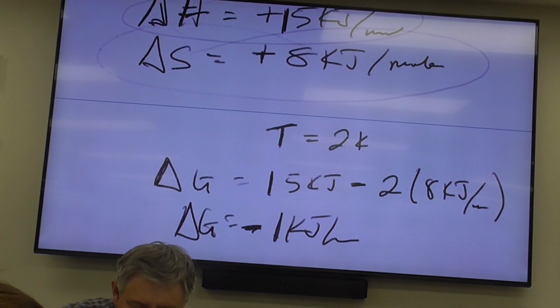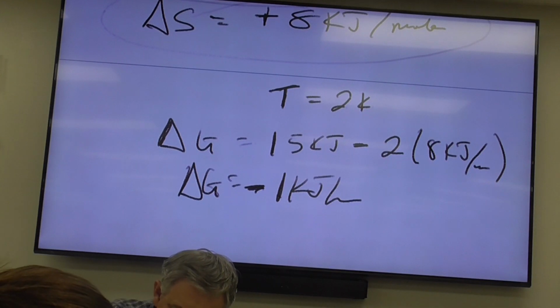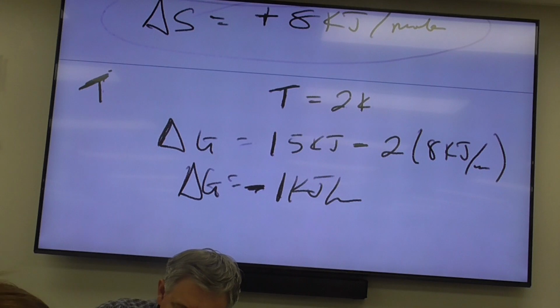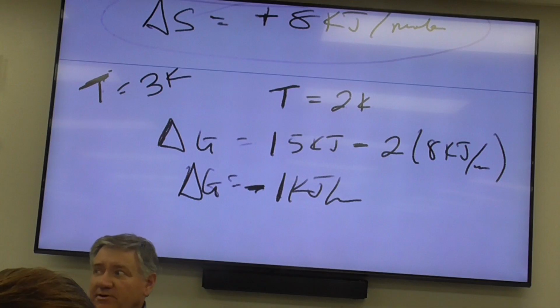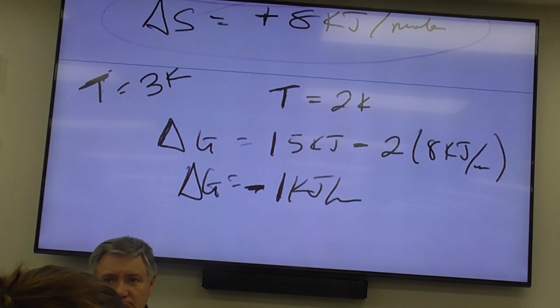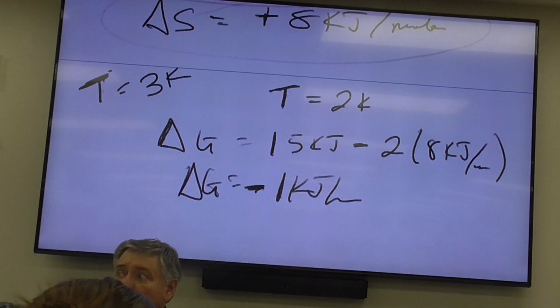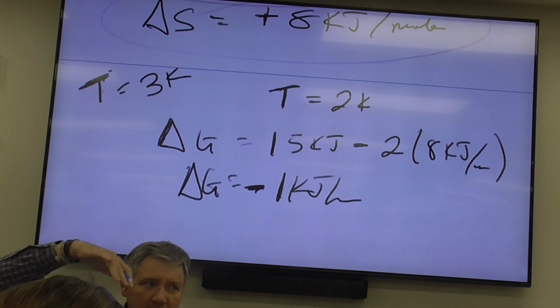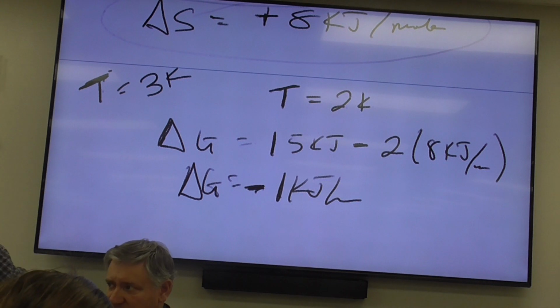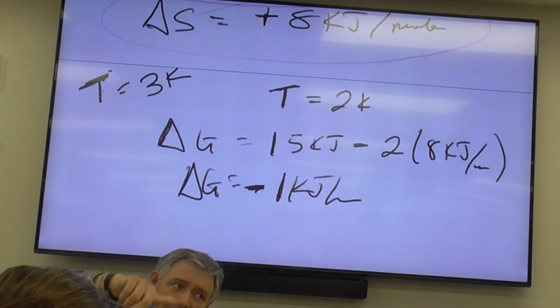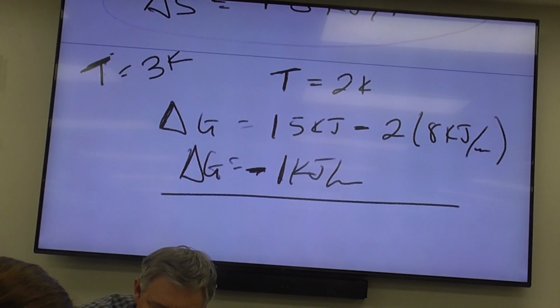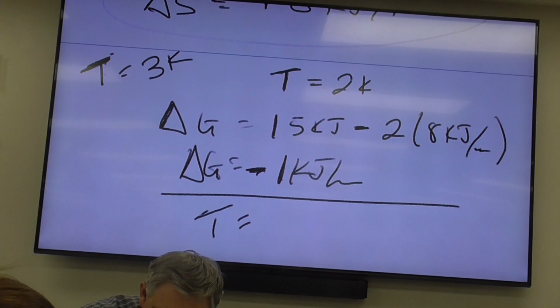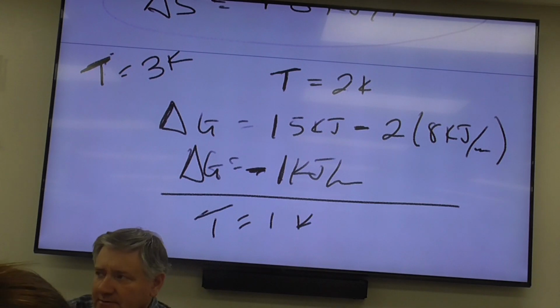Okay? Now, what if I let the temperature go to 3 Kelvin? Am I still going to get a negative delta G? Yes. Right? So no matter what I do with that temperature, 3, 4, 5, I'm going to get negative delta G, which is going to be spontaneous. But what if I lower the temperature to 1 Kelvin?